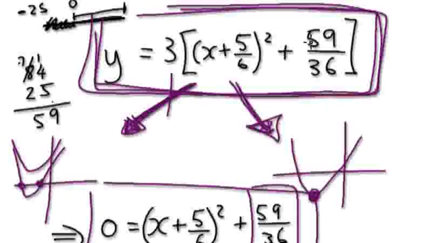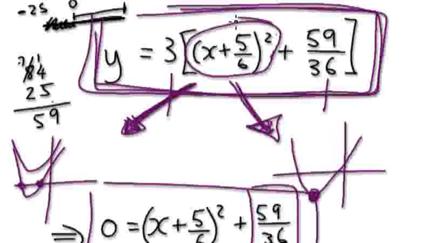This bit's really hard to accept. If you concentrate on getting this bit to be as small as possible, that's the same as concentrating on this bit, because this thing here doesn't really change.